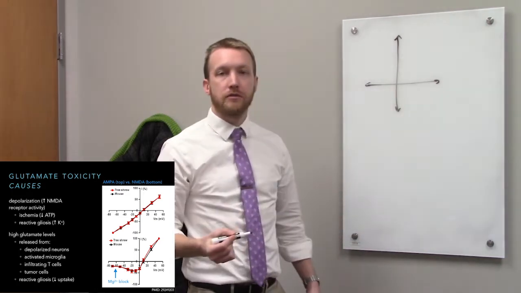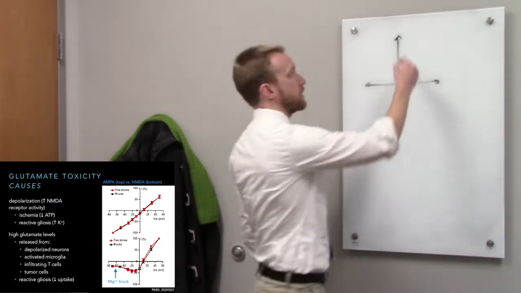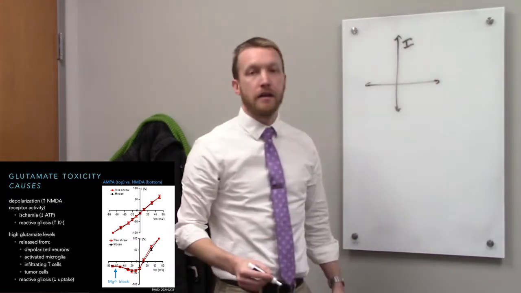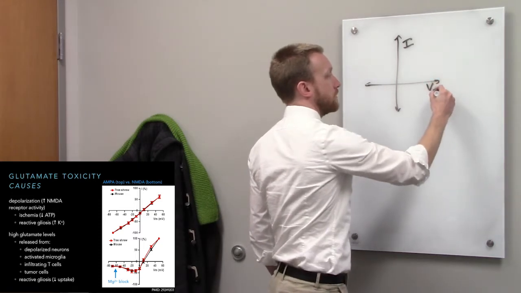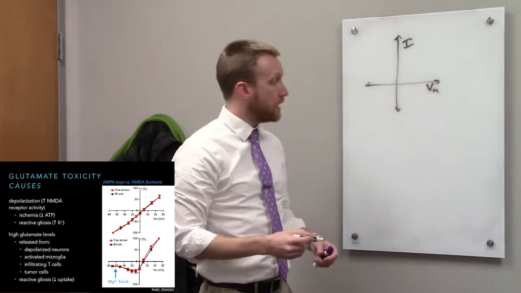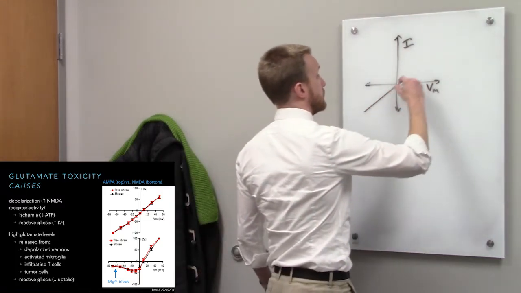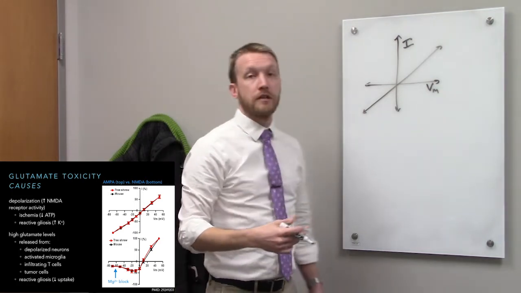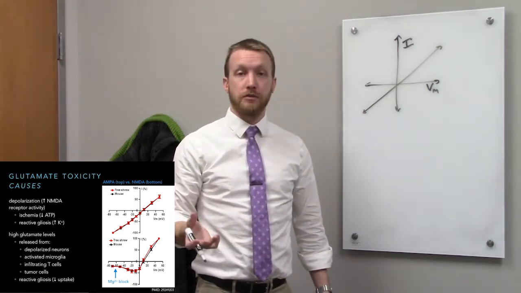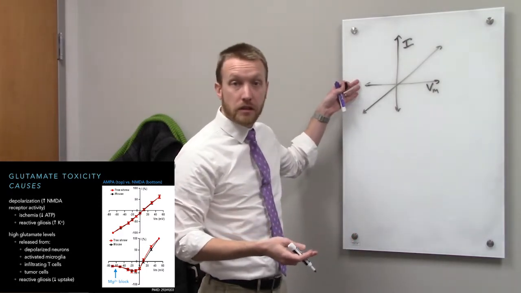A great way of distinguishing these is to think about their IV relationship, or the amount of current, that's the I, that they generate based on V, the membrane potential. Now for Ampa receptors, it's a nice straight line. They're going to generate an electrical potential based on the cell's charge, and that's about the only thing that matters.